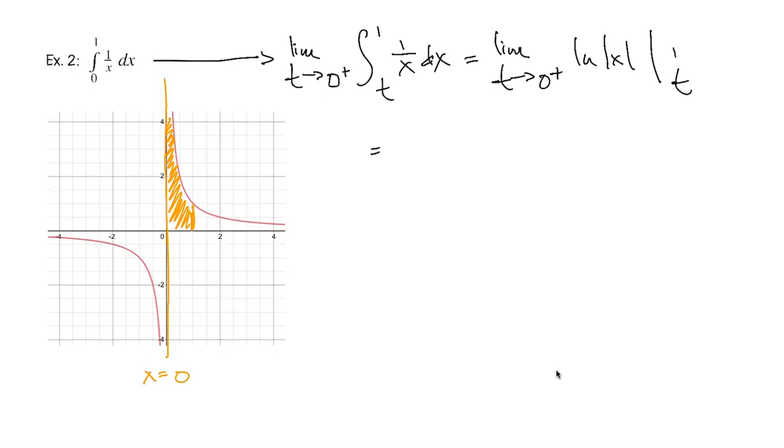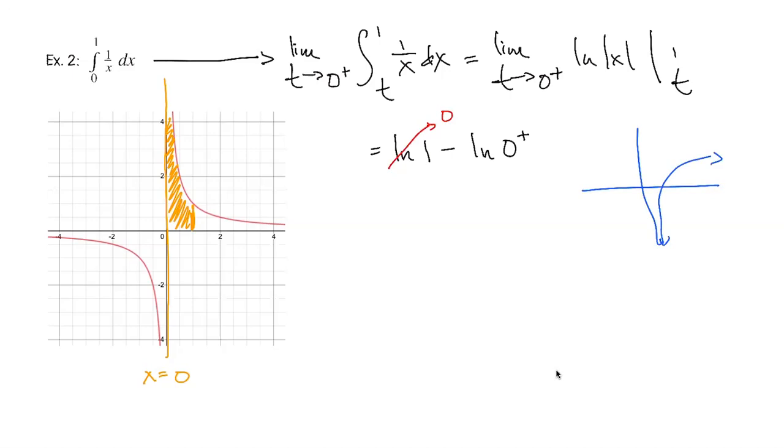And so I'm going to have natural log of 1 minus natural log of 0 from the right. Natural log of 1 is 0. And again, if we think to this natural log graph, it looks kind of like this.